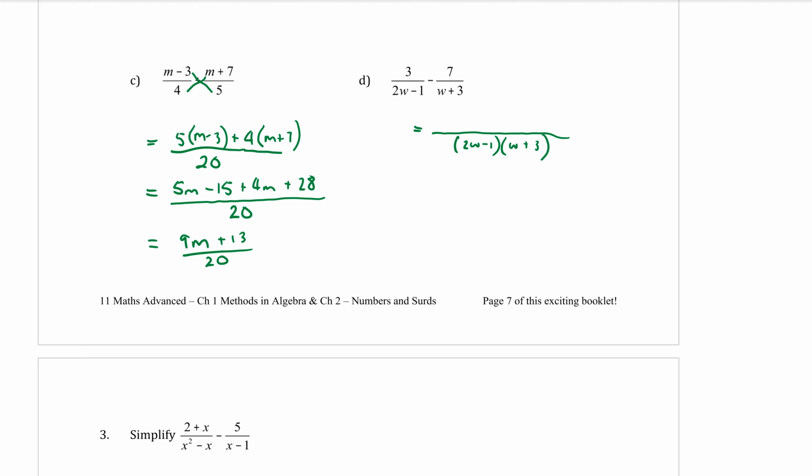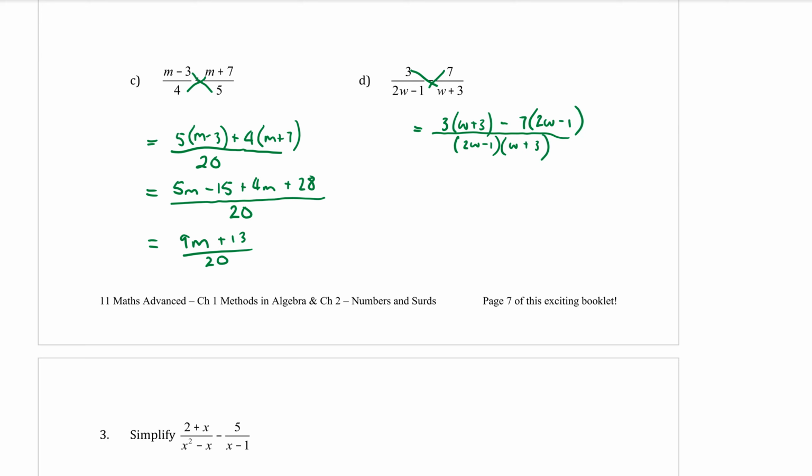Second step, multiply diagonally. The 3 times the w plus 3, so it's going to mean some brackets. 3 bracket w plus 3. Then I have a minus sign, so this is one to be extra careful. Now I multiply the other way. 7 times the 2w take away 1.